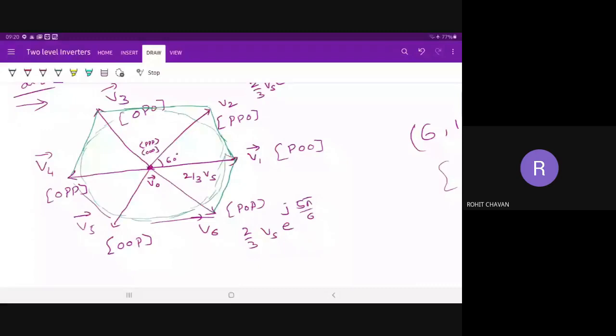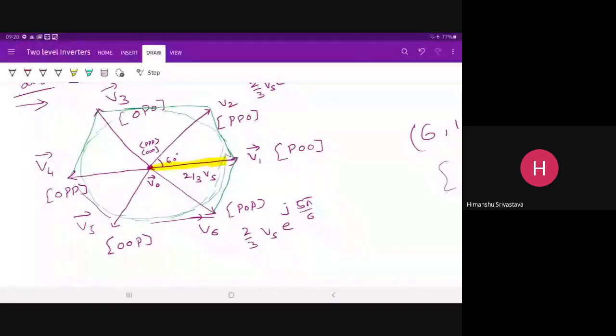So that is from here to here, up to this point, right? How to find its magnitude?